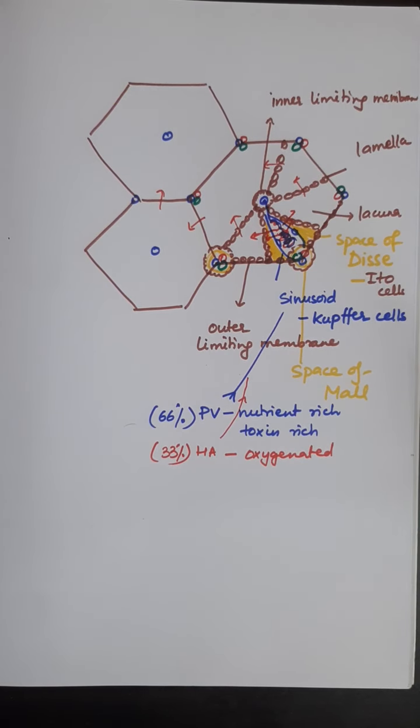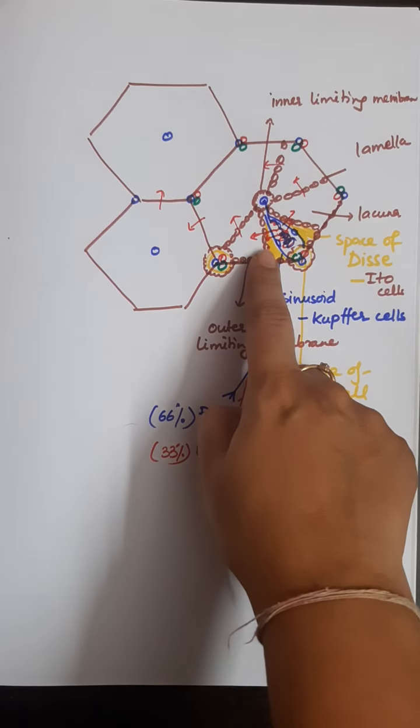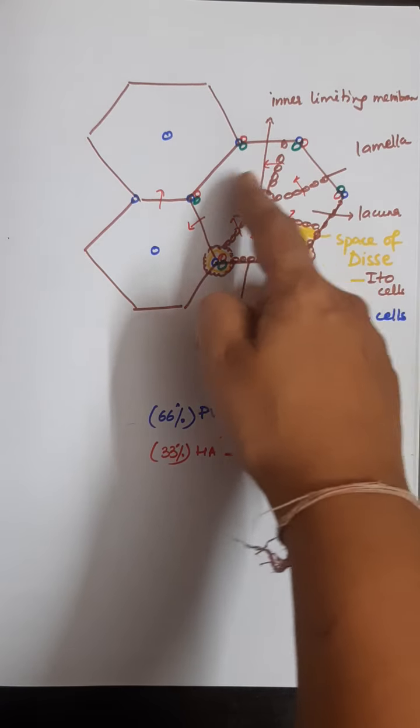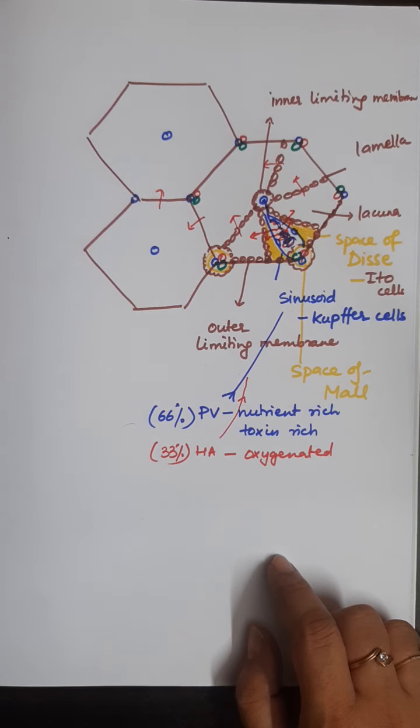In cirrhosis of liver, when there is fibrosis of these hepatocytes, some hepatocytes are damaged, then what happens? This exchange of blood to the different compartment is lost, and hence this sponginess of the liver is lost.